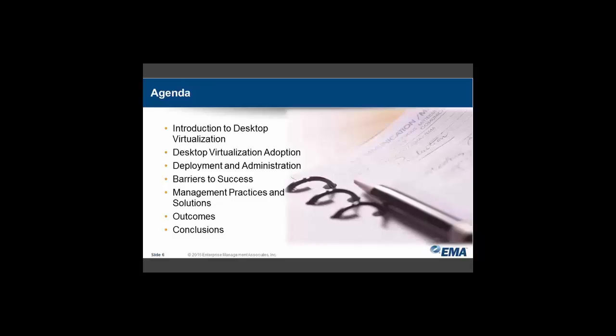And then we'll examine the overall outcomes experienced by desktop virtualization adopters. Is it easier or harder to manage than traditional environments, or is it really more cost-effective? And what is the actual level of satisfaction with the platforms? And finally, we'll sum it all up with some select conclusions on the research data.